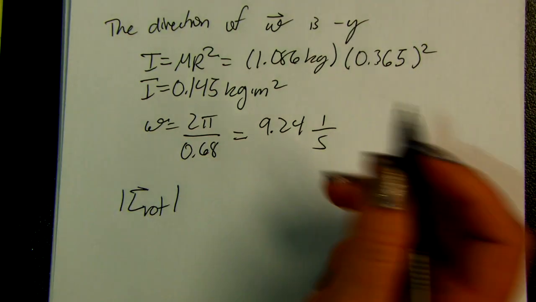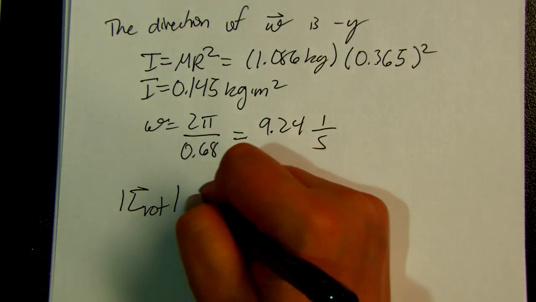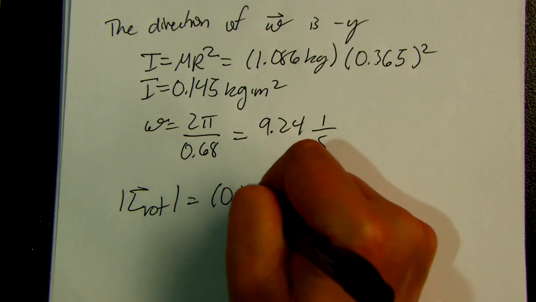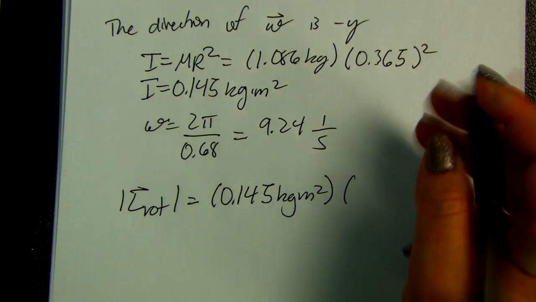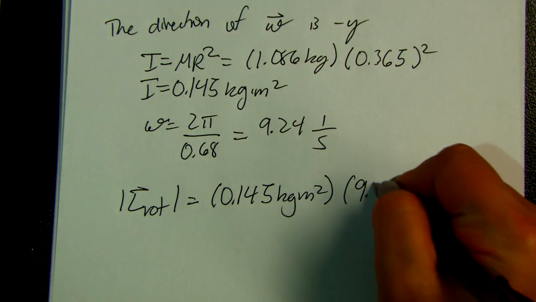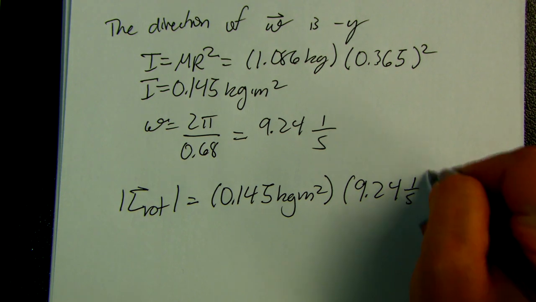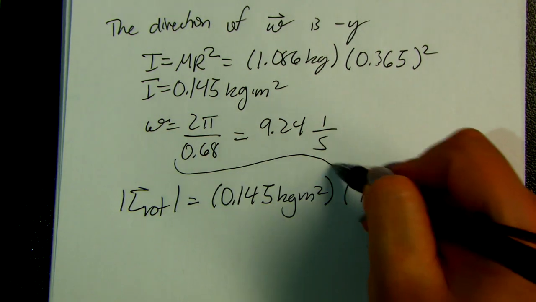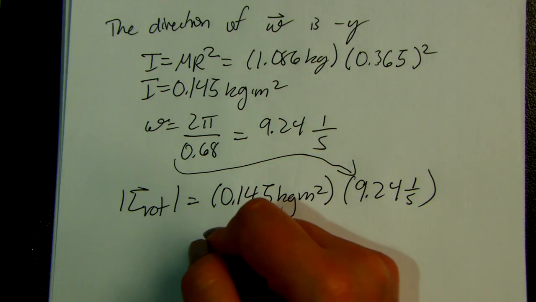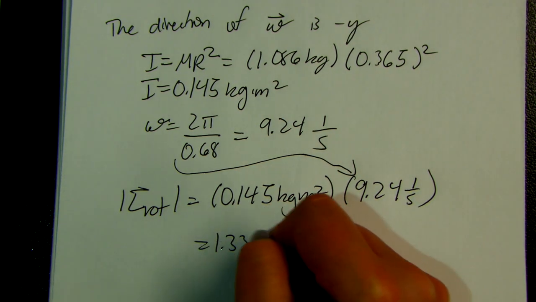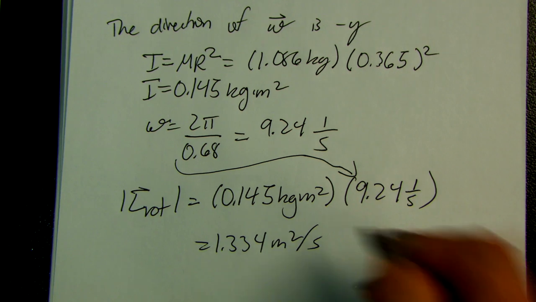The magnitude of rotational angular momentum is equal to 0.145 kilogram meters squared times 9.241 per second, plugging this into our expression. And so we get 1.334 kilogram meters squared per second.